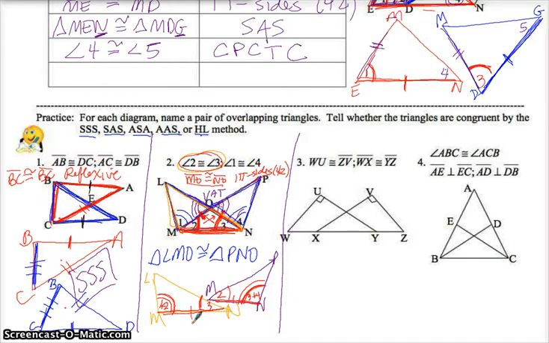So MN is shared in both. So once again, I have an ASA situation. Sorry, I didn't write that here for this blue one. This blue one was ASA, right? These triangles here because of angle, side, angle, angle, side, angle. And then these are also going to be true because of ASA.